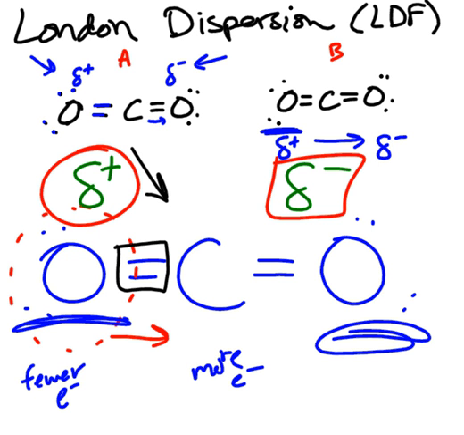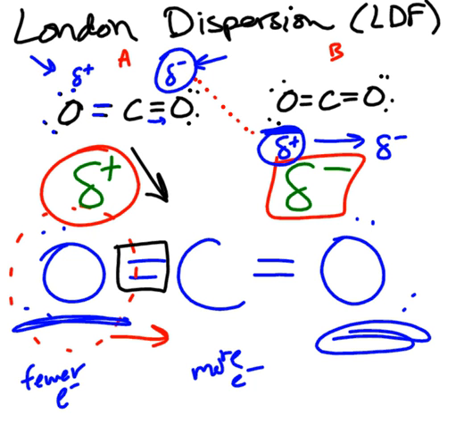And the attraction between this slight negative and that slight positive of these two particular molecules is called a London dispersion force. Even if it's really, really short, that is an attraction, and that's a London dispersion force.